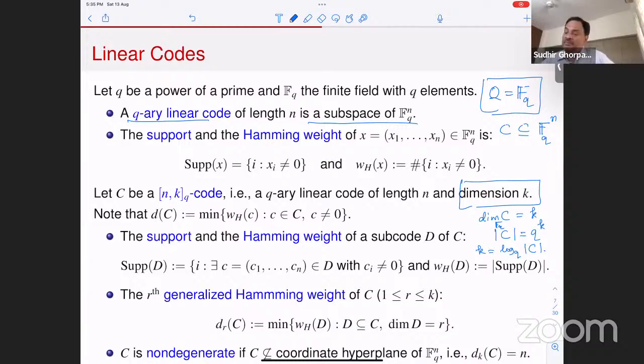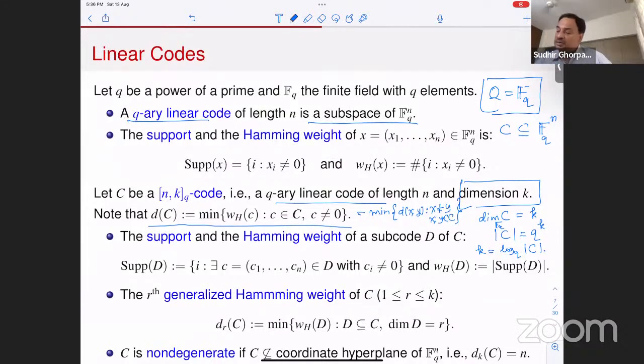So if I have a q-ary linear code of length n and dimension k, I would like to explain that the minimum distance can be seen alternatively. Earlier, this was the minimum of the distance between x and y, x not equal to y, and x and y in C. But the distance between x and y is the number of positions where x and y differ.